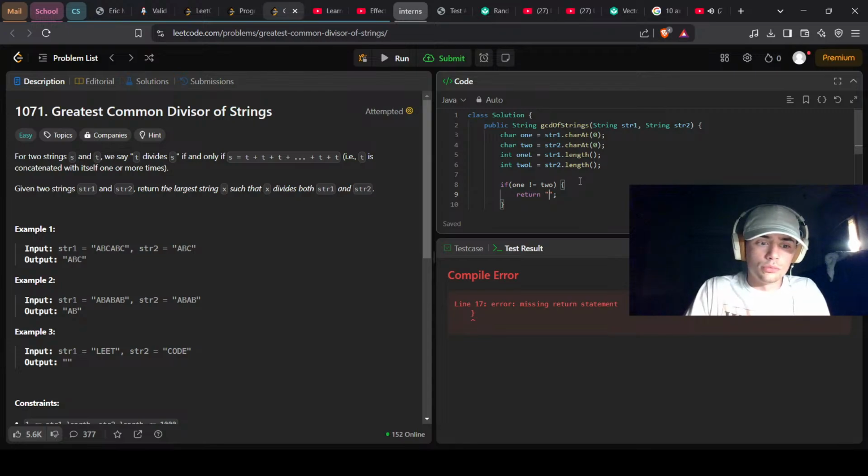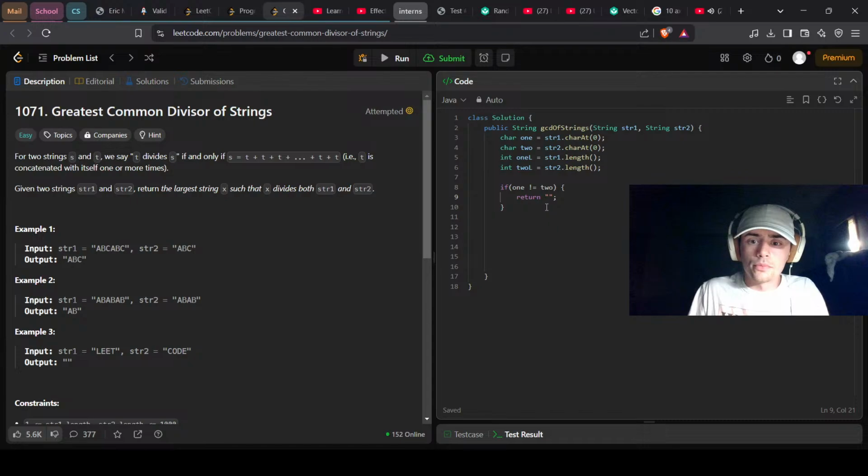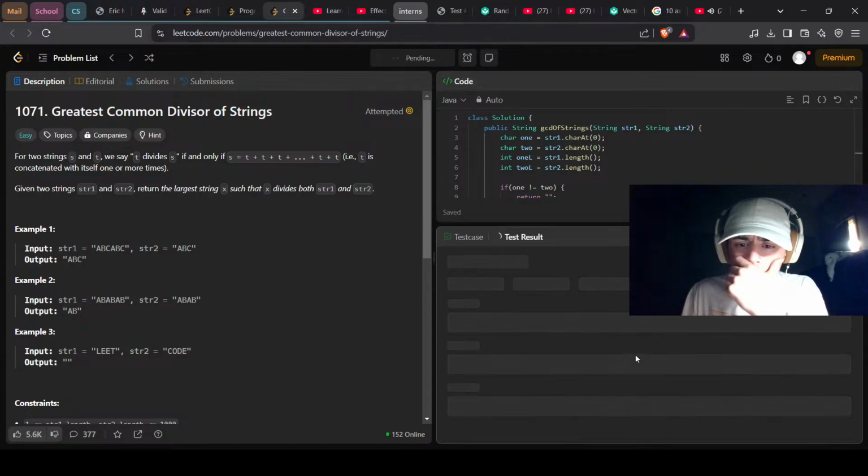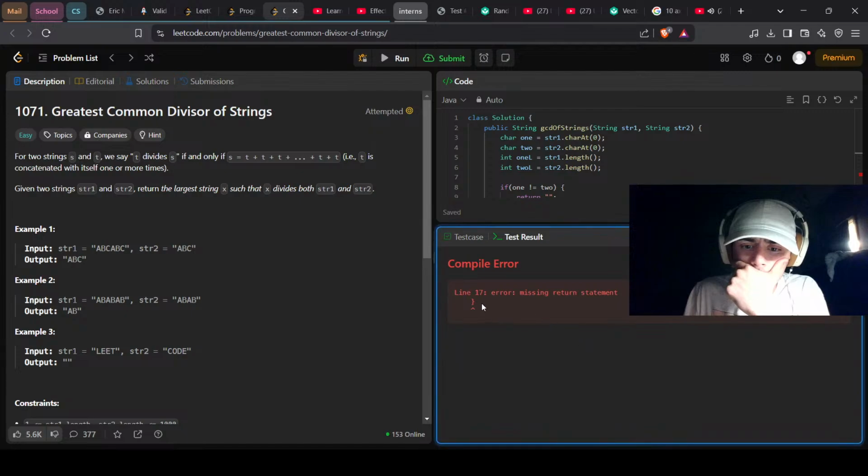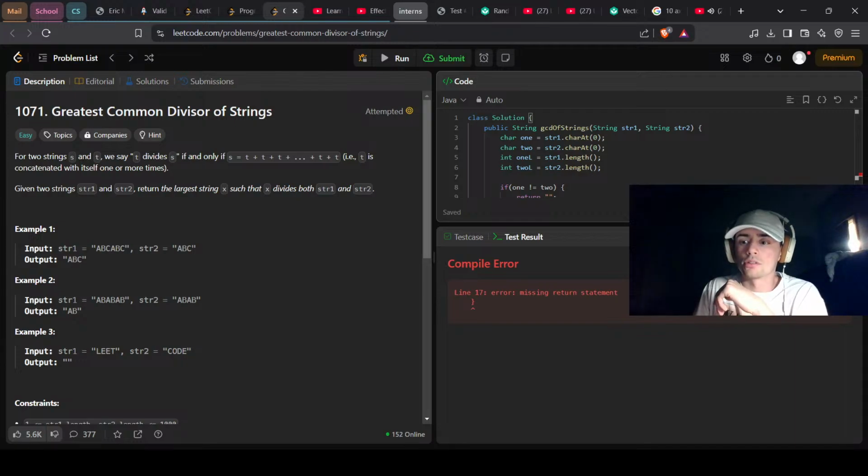Screw you. Return empty? How do I return an empty set? Wait, what? What did it tell me? Line 17? Missing? I don't think so, bro. That's for that and that's for that. Oh, missing return statement. Okay.